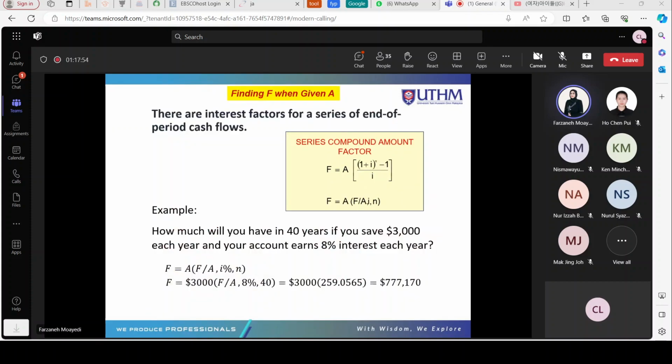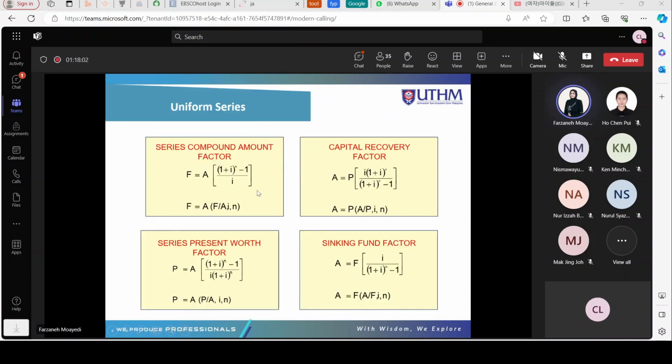For each one of these, we will do one example, but the concept is exactly the same. The main thing I forgot to mention is that all I have explained so far is writing down the notation. Similar to the single payment, you can use the notation written below here, or you can use the formula given to you here.